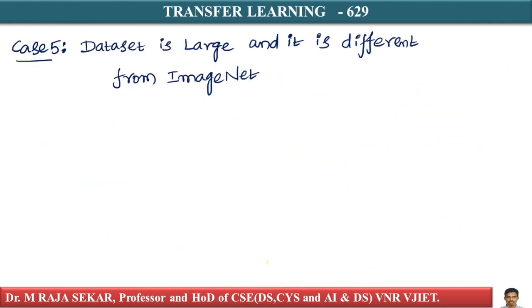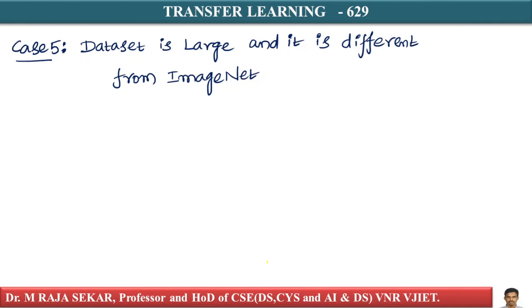There is a fifth case, which is where your data set is large. Let me assume the data set is large and it is different from ImageNet. That's also important. Initialize the model using VGG16 plus ImageNet features, even though the data set is not the same.